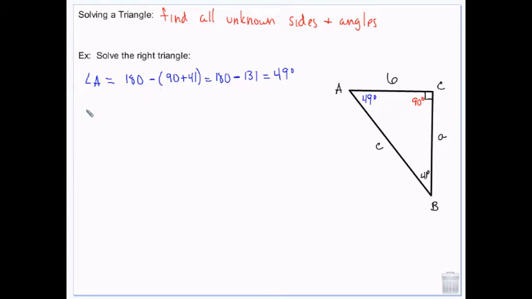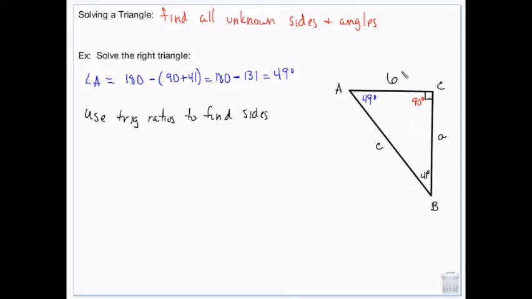Now I can use my trig ratios to find the missing sides. Okay, I only have one side here. So if I use angle, do you want to use angle A or angle B to find these?